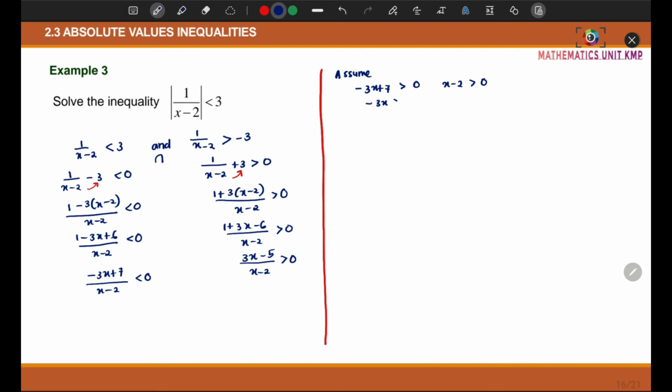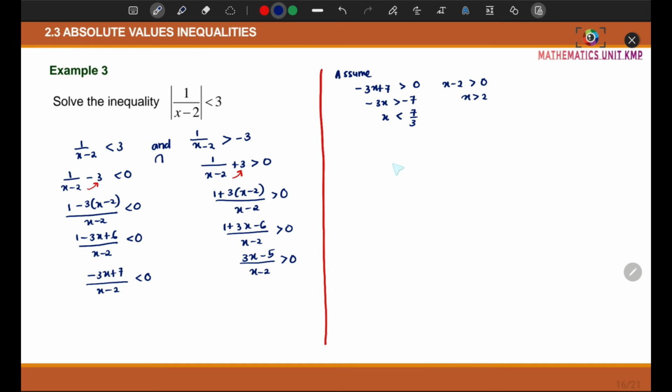Solving this one, negative 3x greater than negative 7. When we multiply or divide by a negative number, we should reverse the sign. So x less than 7/3. Here, because we divide by negative 3, the sign changes. And we have x greater than 2.